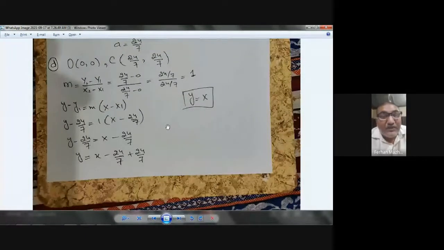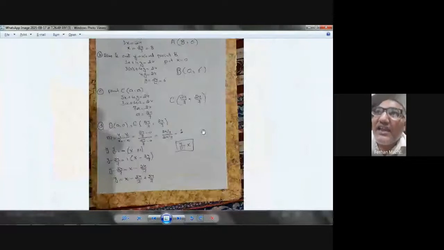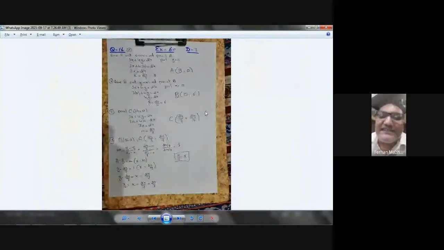This minus 24 by 7, when it goes to the other side, becomes plus 24 by 7. So you will have y equals x minus 24 by 7 plus 24 by 7. These cancel, and you are left with y equals x. So the line joining the origin O and C has the equation y equals x.